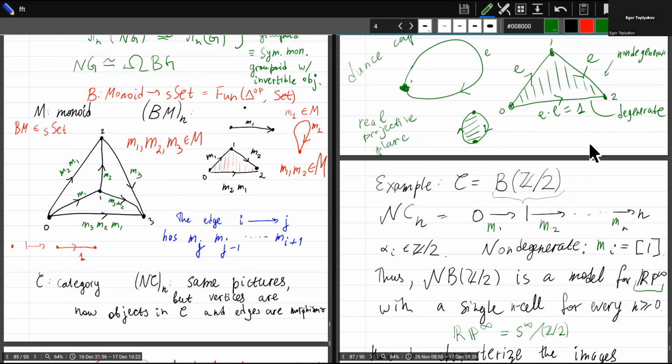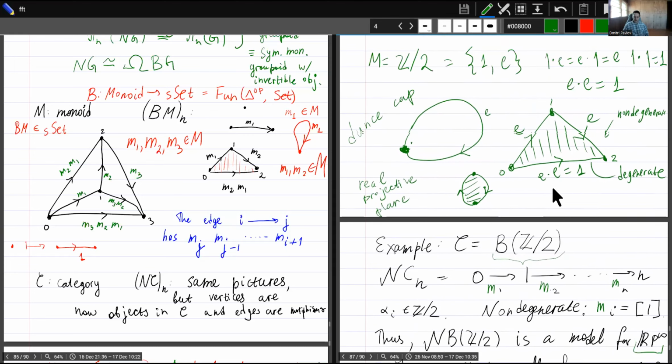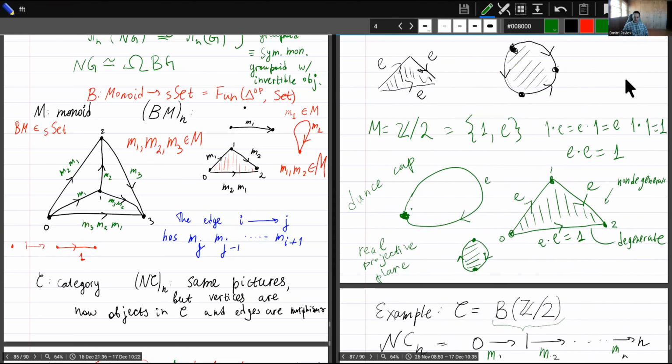Is it possible? When are the classifying spaces of two different monoids homotopy equivalent to each other? A monoid and its classifying space with homotopy equivalence.